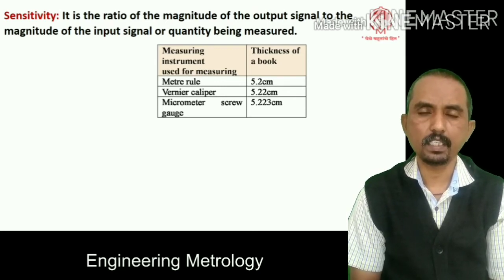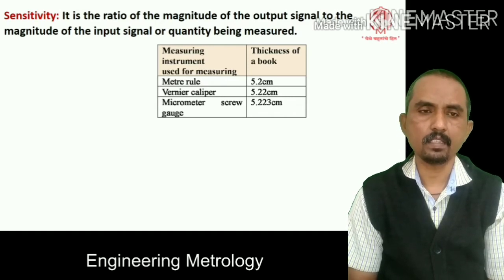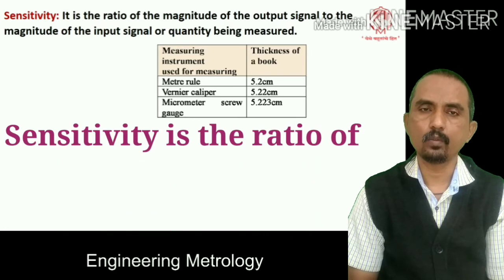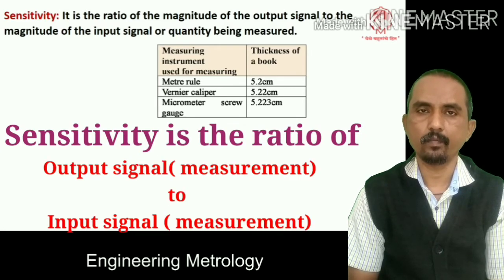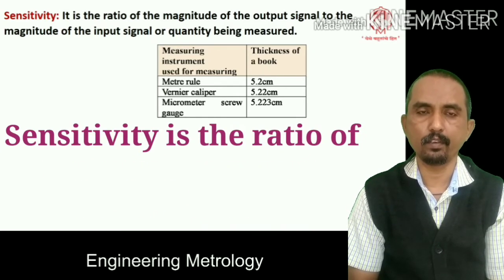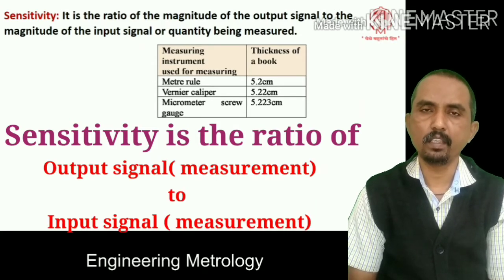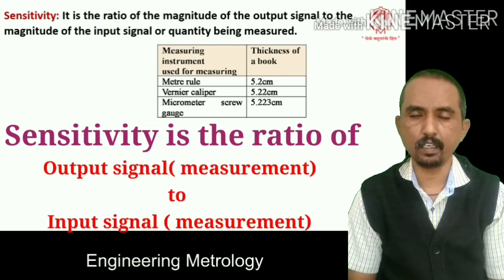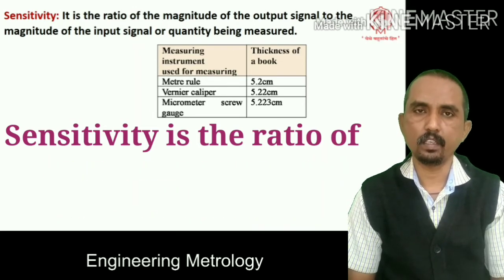Here the sensitivity can be defined as the ratio of the magnitude of the output signal to the input signal, or the quantity being measured. It is just a ratio of output signal to input signal.